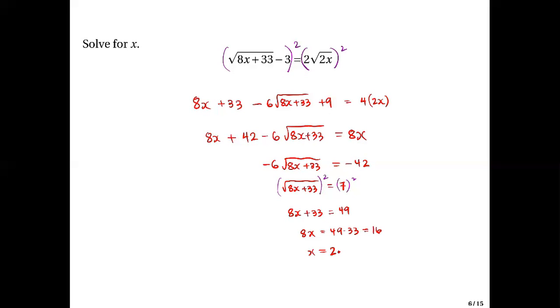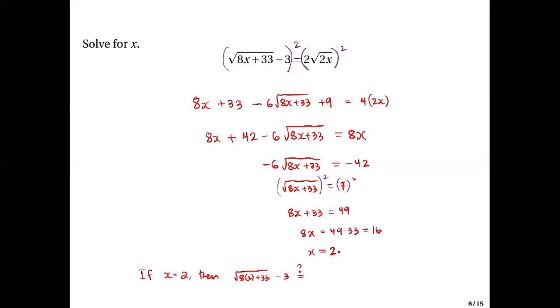Now we check if x equals 2 satisfies the original equation here, without the squares, of course. Okay? If x equals 2, then we have square root of 8 times 2 plus 33 minus 3.